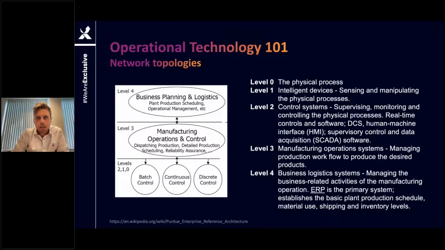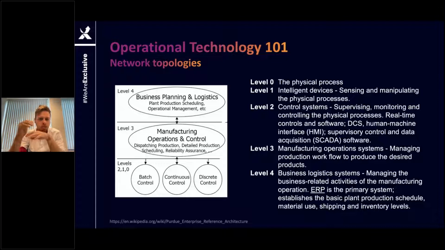Now let's have a look at OT. When investigating OT design, you will almost always come across the Purdue model. Purdue is essentially a university in the US. They defined this model in the 1990s.